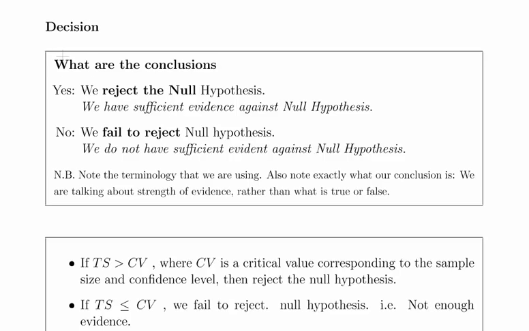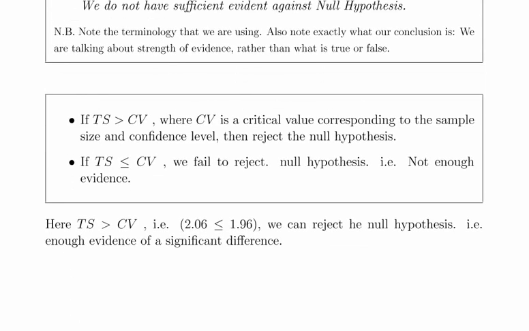So you could say that the test statistic is a measure of the strength of evidence, and the critical value is a threshold that it has to be greater than to be considered strong enough. That's a bit of a layman's terms, not exactly mathematically sound way of describing it, but it certainly helps if you're getting used to this stuff for the first time.